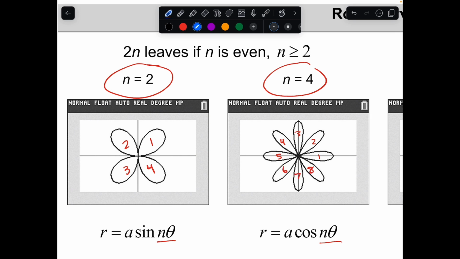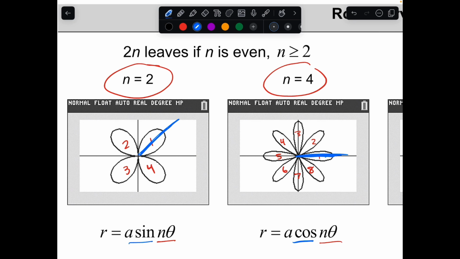8 leaves. Now, if we have cosine, we're always going to start with a petal being on our polar axis, on our horizontal axis. Whereas if we have sine, it's not going to start on our horizontal axis. It's going to start somewhere in between our horizontal and vertical axes. Now, where does it start if we have sine?